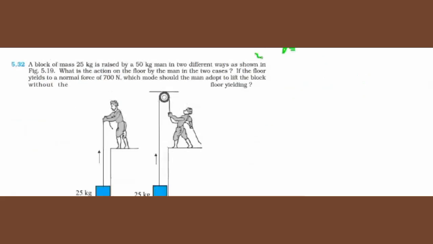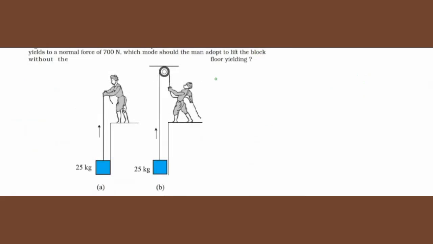Now, next question 32. A block of mass 25 kilogram is raised by a 50 kilogram man in 2 different ways. Diagrams are given there. Then what is the action on the floor by the man in 2 cases?